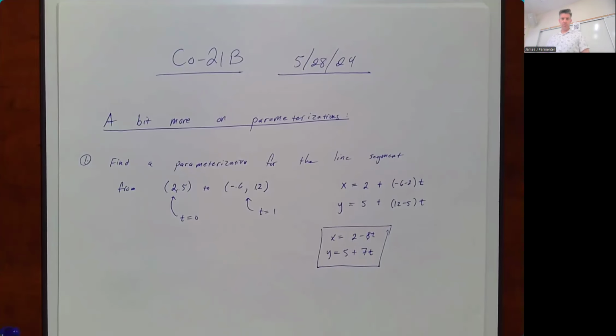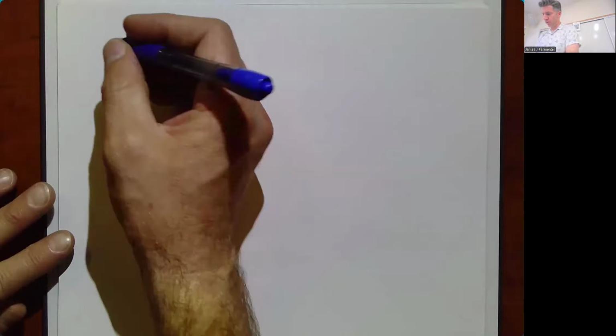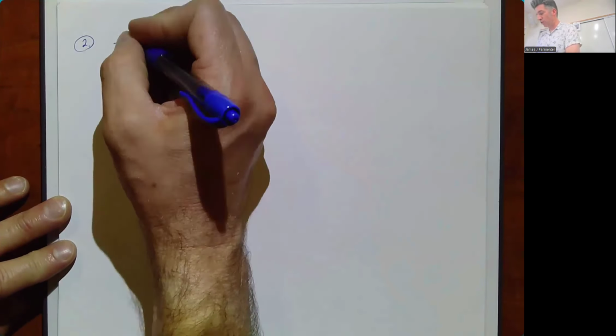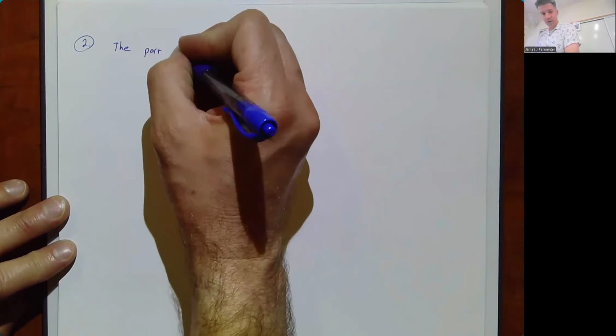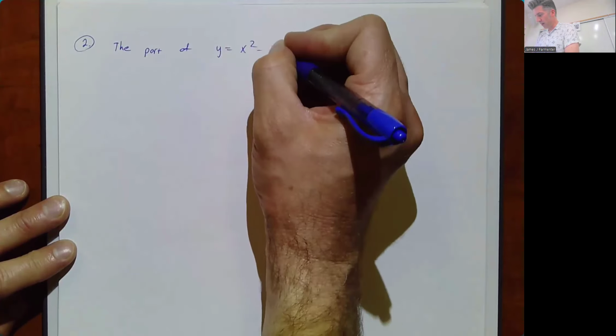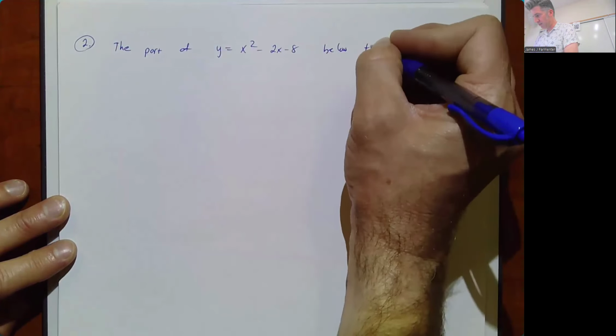For example, we could look at parameterizing the part of the parabola y equals x squared minus 2x minus 8 below the x-axis.